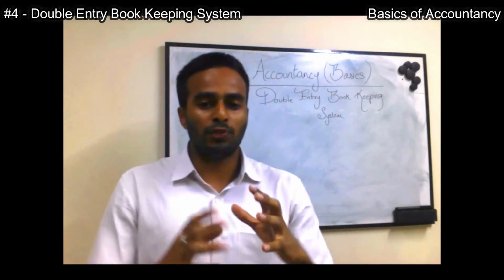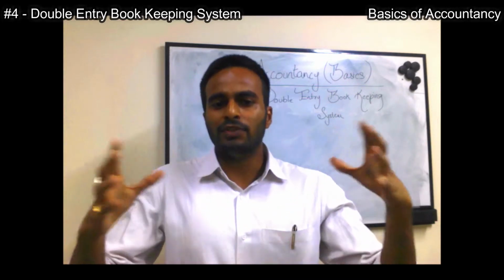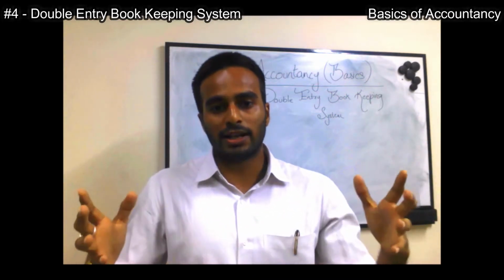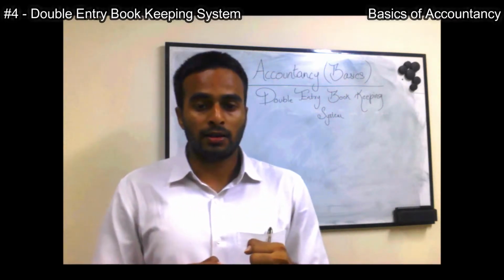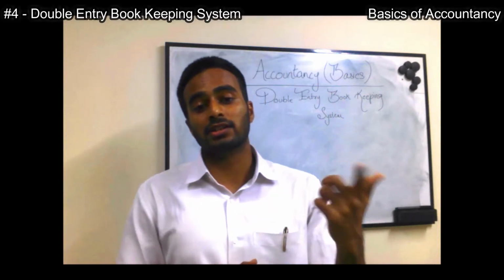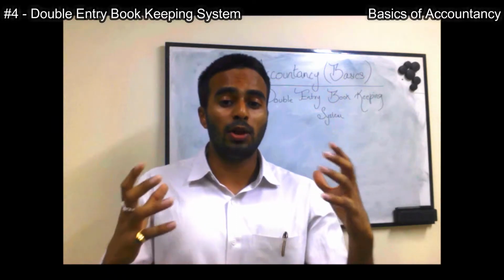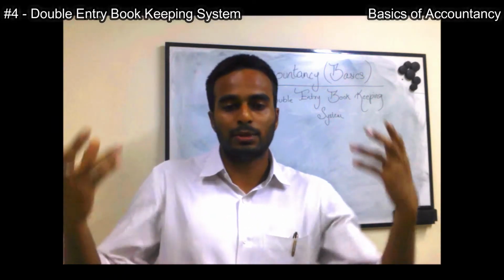Before we go to the double entry system, I would like to tell you what the available systems are right now, and what we use. We basically have the Indian accounting system and the English accounting system. Under the Indian accounting system, we all have followed various methods to record our transactions. No business person can remember all the transactions.